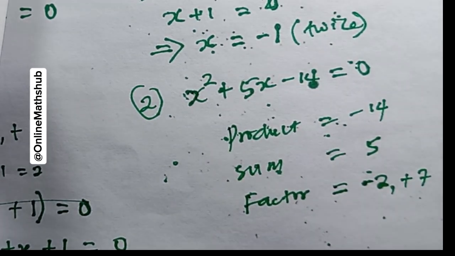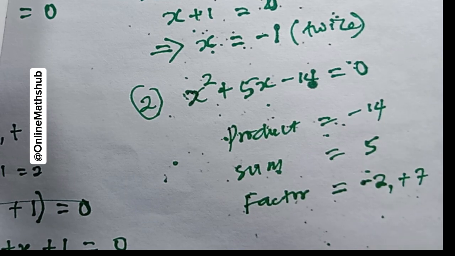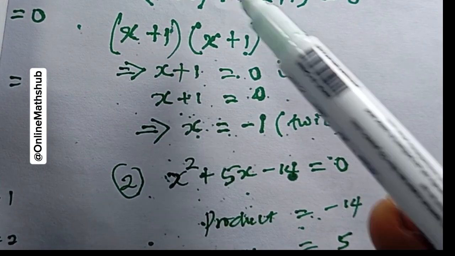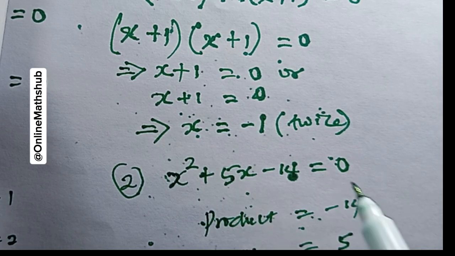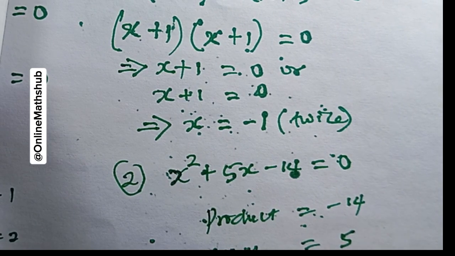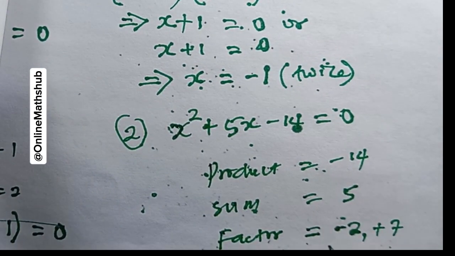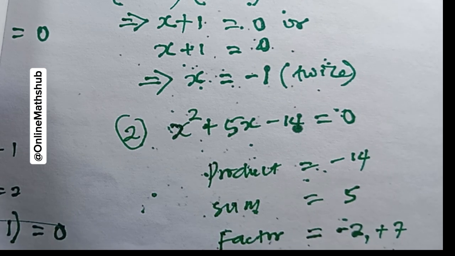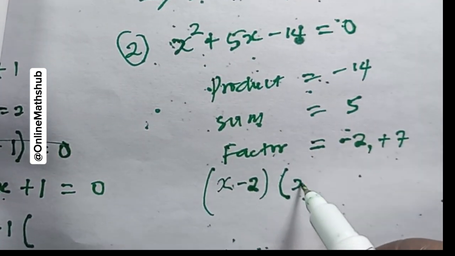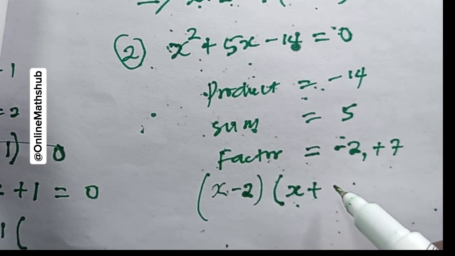So now that you've gotten these factors, instead of going through this method right here where you replace this term 5x with the sum of the two factors and then you begin to factorize, what you can just quickly do is write x plus the first term, put it in brackets, and then x plus the second term.